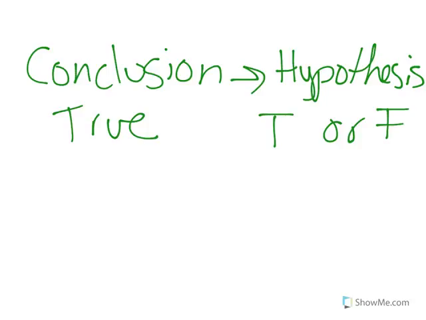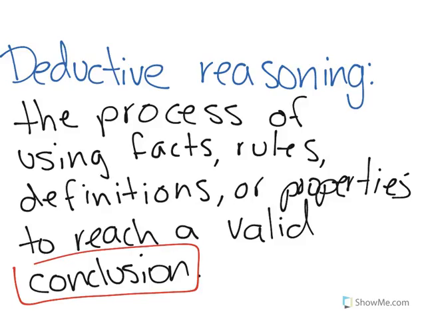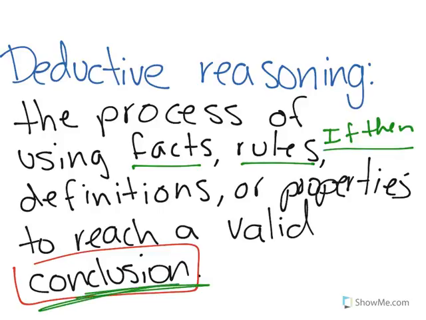So if the conclusion is true, it doesn't mean that the hypothesis is true. That is why deductive reasoning is the process of using facts, rules, in this case probably if-then rules, definitions or properties to reach a valid conclusion, not a hypothesis but a valid conclusion.